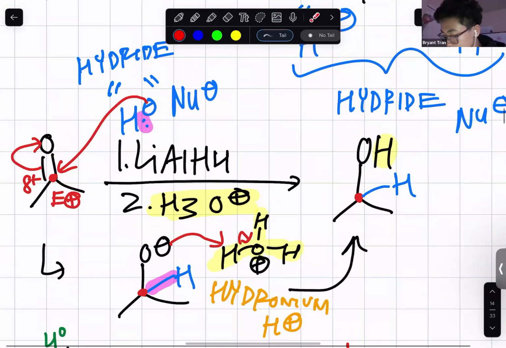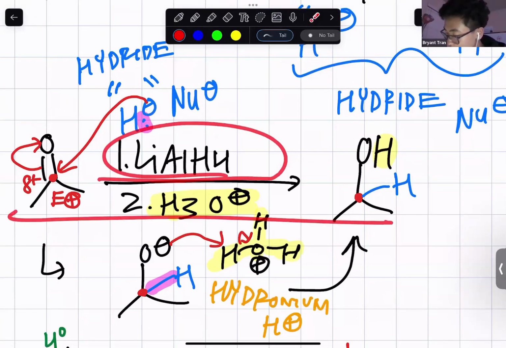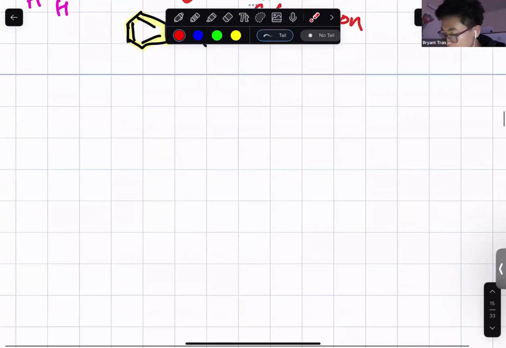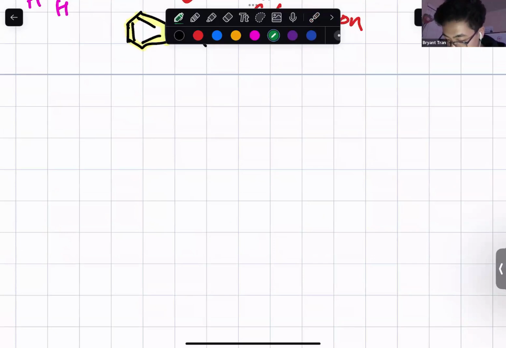So you can also see NaBH4. It's going to do the same exact thing. Let me give you guys two practice problems for irreversible nucleophilic acyl addition before moving on. Right? Let's do it like this.